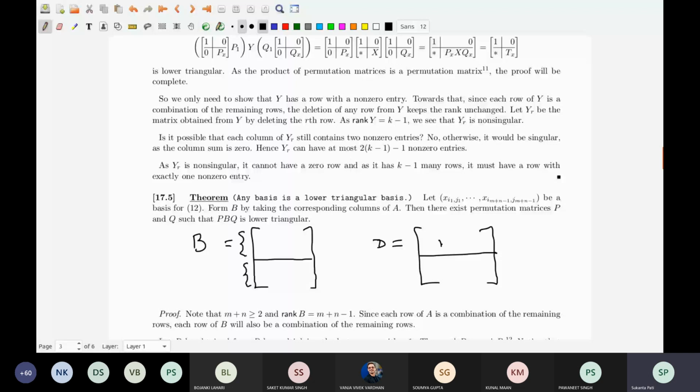Then the rank of B and rank of D will not change, because that's what I asked you in the previous class, that I have a matrix and my friend came in and selected a few rows and made them negative. Whatever was written, he just wrote the negative of that. Whether the rank will change? You said the rank will not change. Rank of B was m plus n minus 1. Therefore, rank of D will be m plus n minus 1.